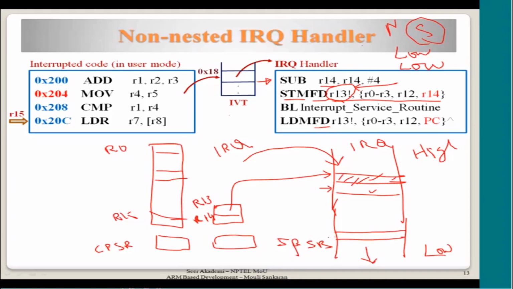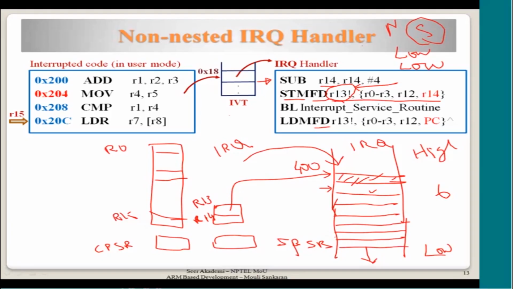Now tell me, assume the stack is right now pointing at some 400. How many values are there in this register list? You can count it, 6 registers. So let me allocate space for 6 registers. I am exactly showing you what is in the stack and where it goes in, so that you understand it.